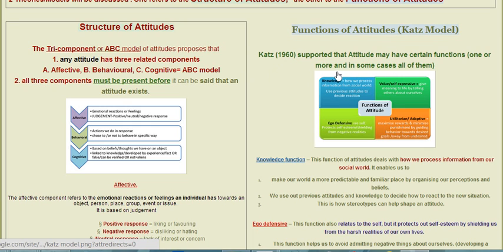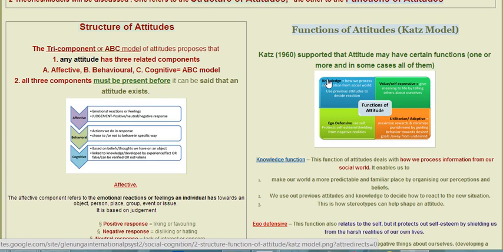Katz was a social psychologist who supported that attitude is really important because it serves some functions for the person. That's why people can have different stands on the same issue, just because different functions are expressed in different people.